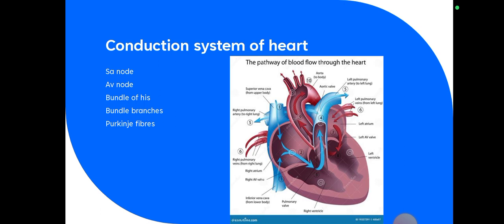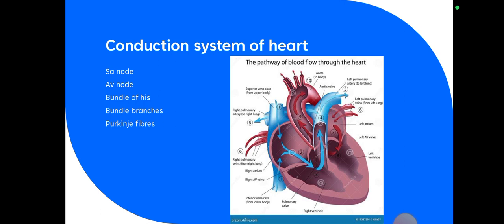Okay. Next, from the pulmonary veins, from the left lung, it comes back to the heart at the sixth part. So that was the pulmonary circulation. Now the seventh one is the left AV valve, the atrioventricular valve, or mitral valve, which is the bicuspid valve. So it comes into the left ventricle at the eighth position.